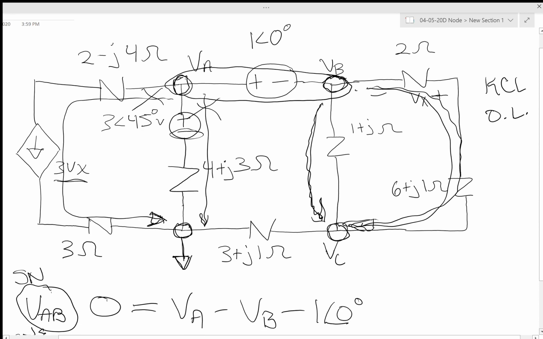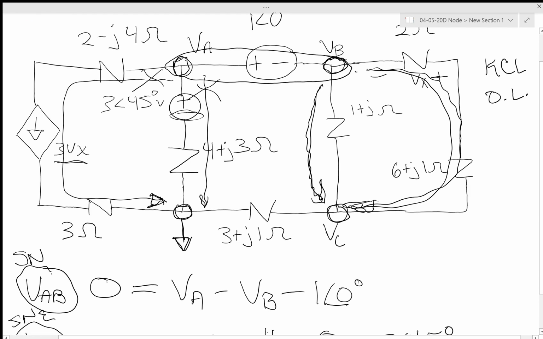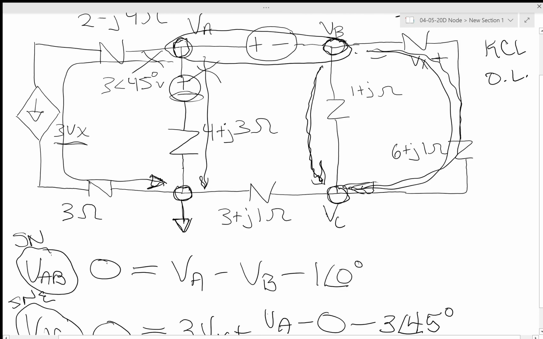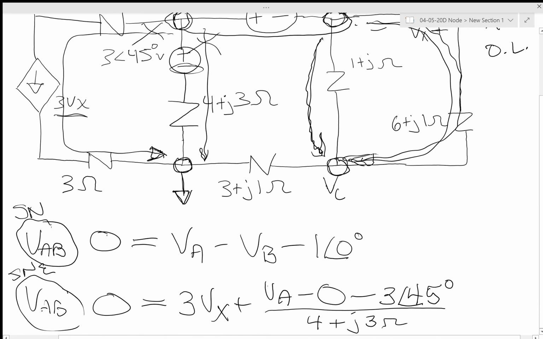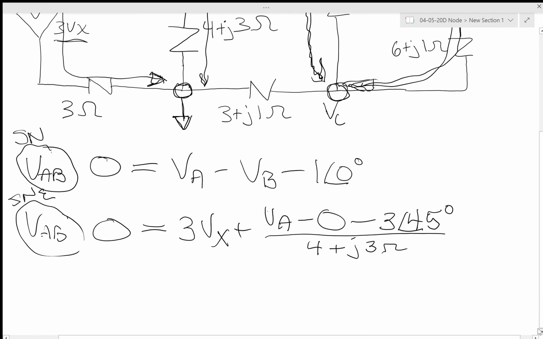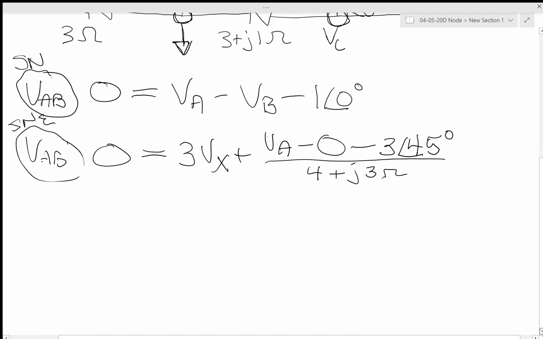So here we go, VB minus VC divided by 1 plus J1 ohms, plus VB minus VC divided by 1 plus J1 ohms.